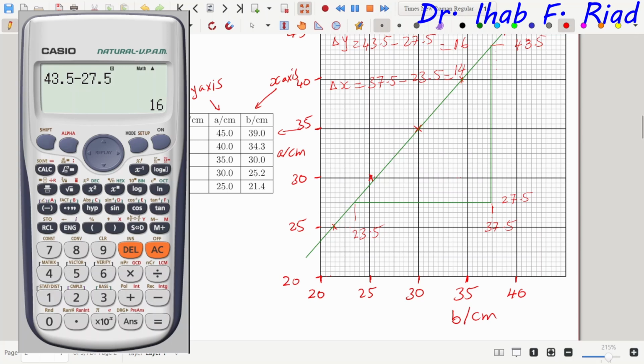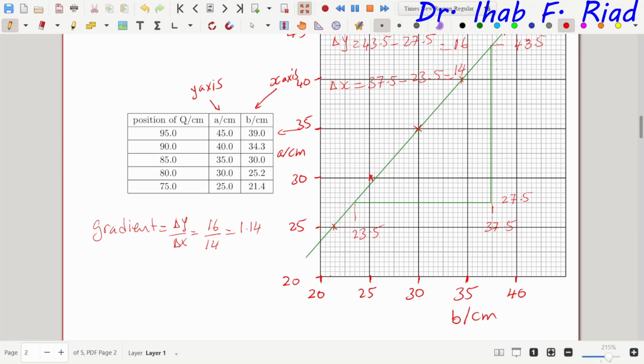So the gradient is equal to delta y divided by delta x, which is 16 divided by 14. So 16 divided by 14 is 1.14. We now check the units.